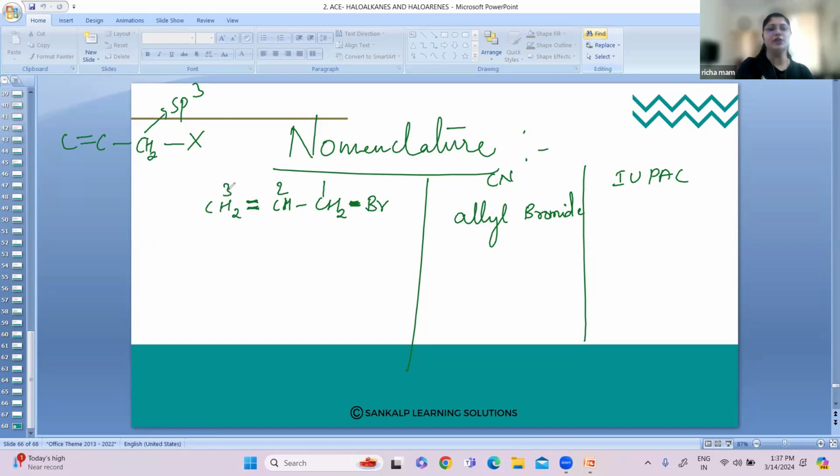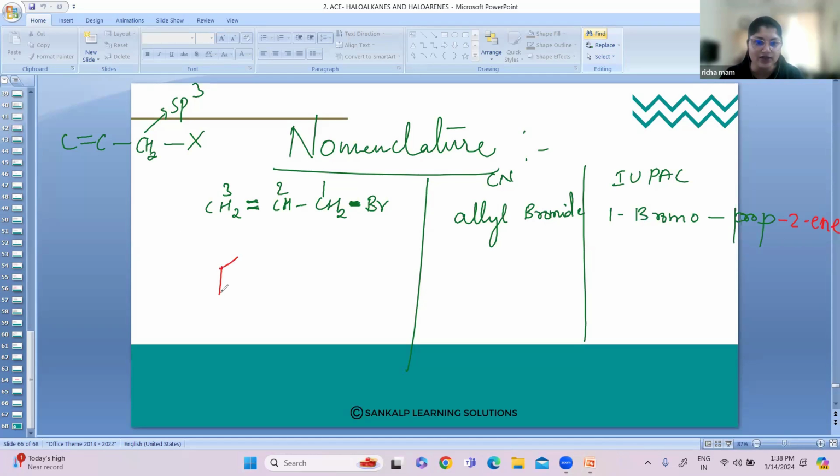Now you can tell me the IUPAC name. 1-bromo. Prop-2-ene, correct. 1-bromo, then prop, because there are 3 carbon atoms, and at the second position you have the double bond, so it is 2-ene. So this is the name.